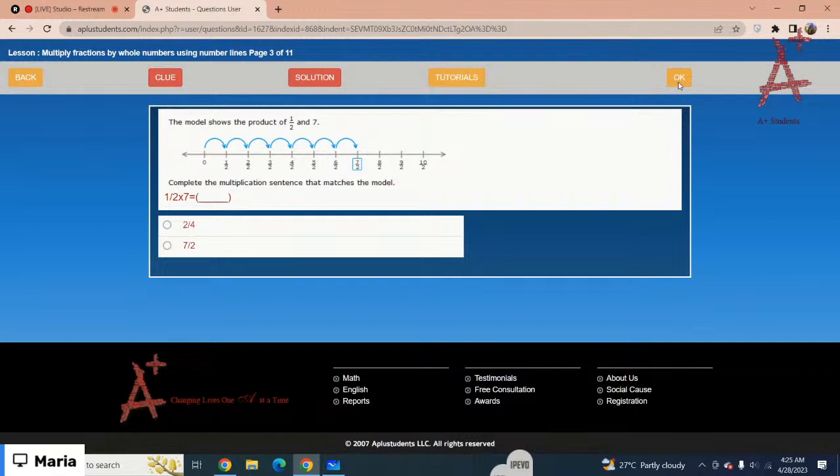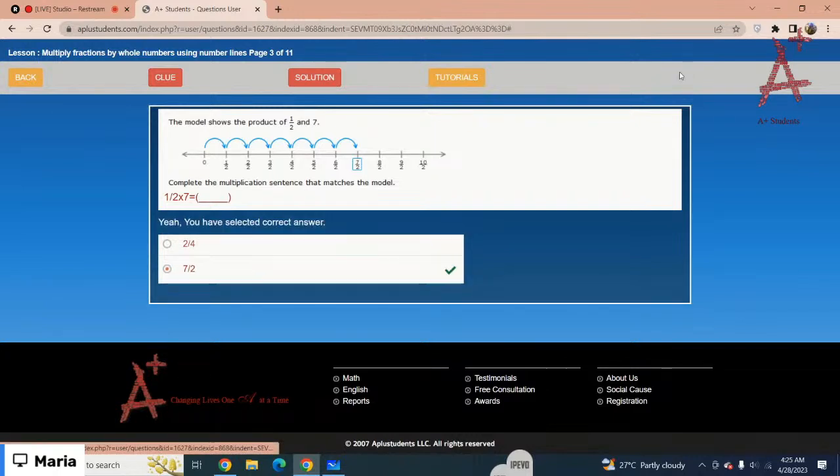1 by 2 times 7 equals? Yes, that would be 7 over 2.